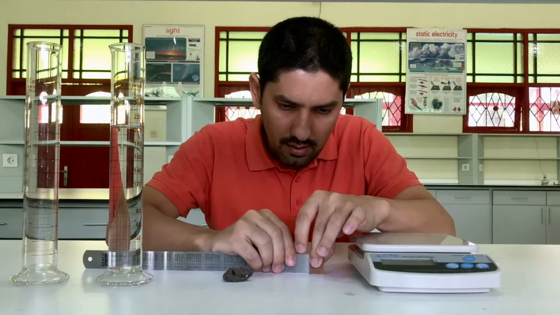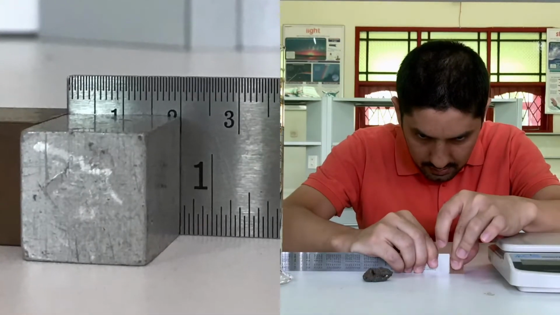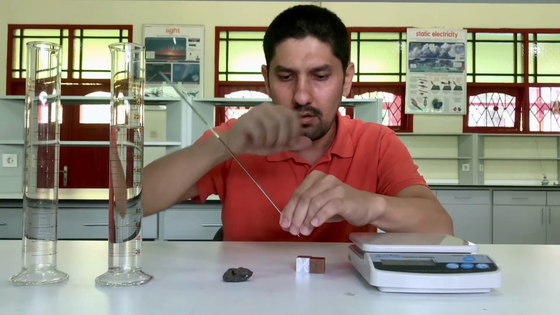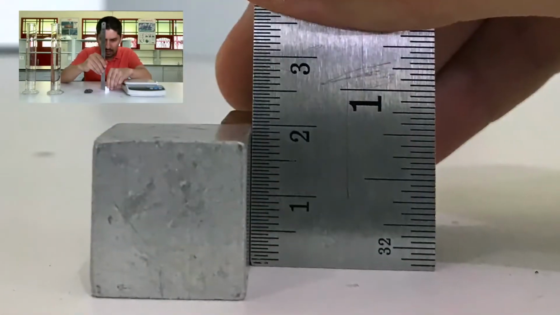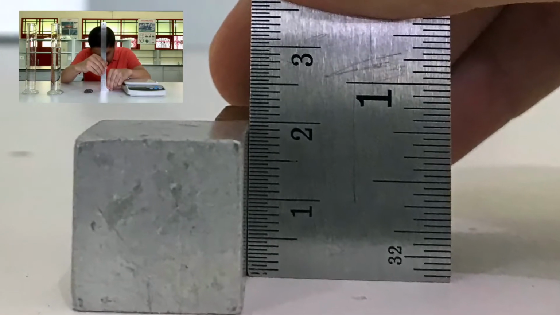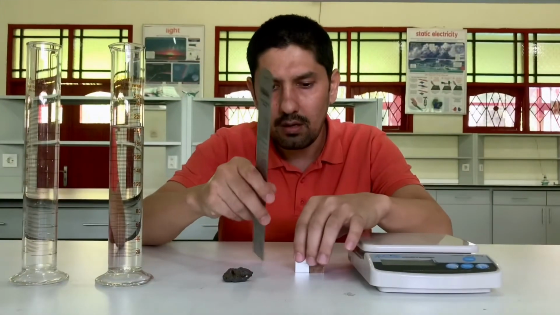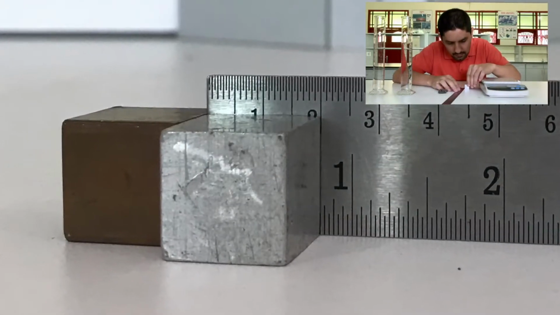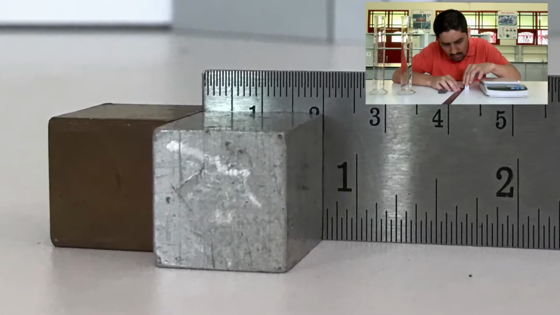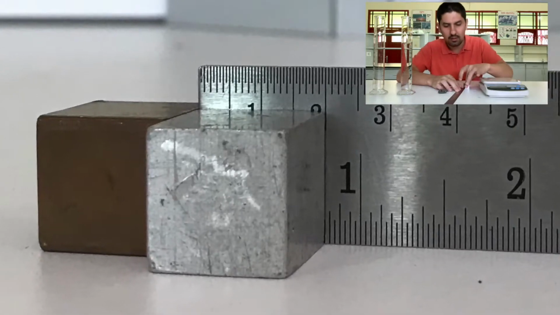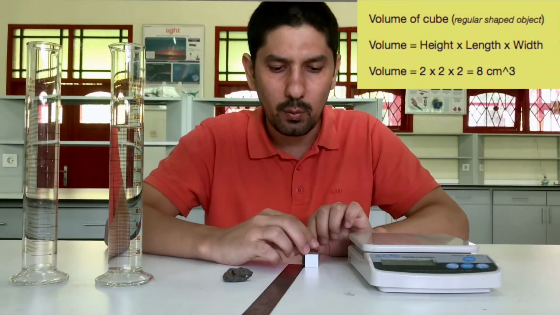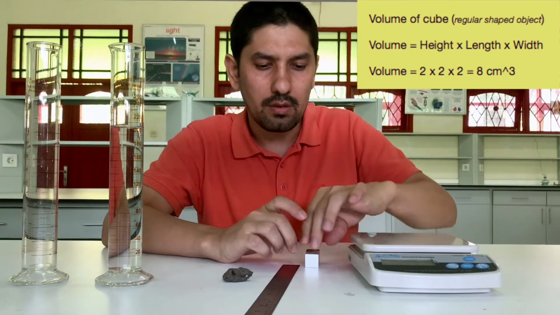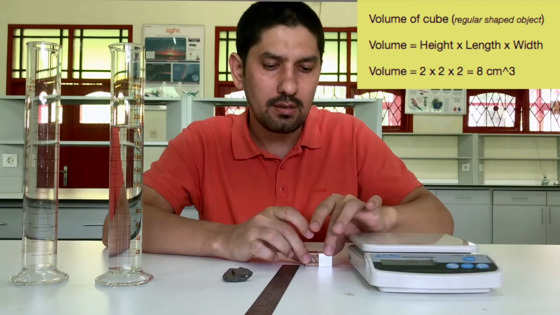The width of the object is 2 centimeters, the height is 2 centimeters, and the length is 2 centimeters. So height times length times width, 2 times 2 times 2, is 8 centimeter cube. The unit of volume is centimeter cube.